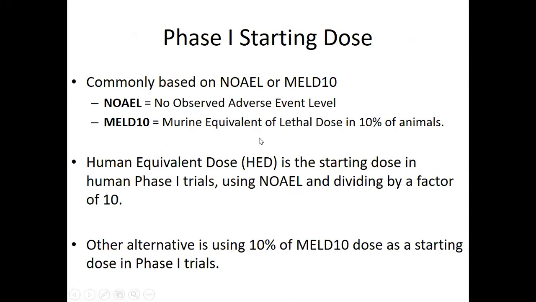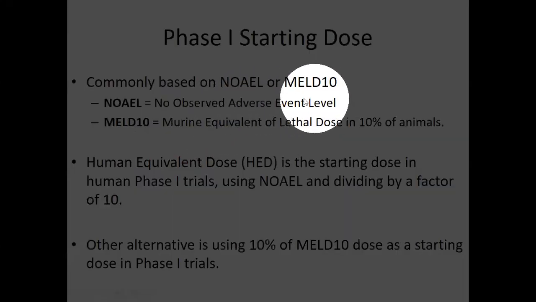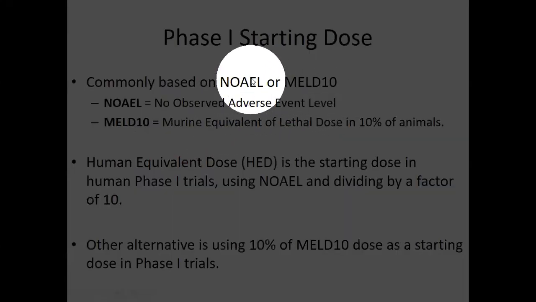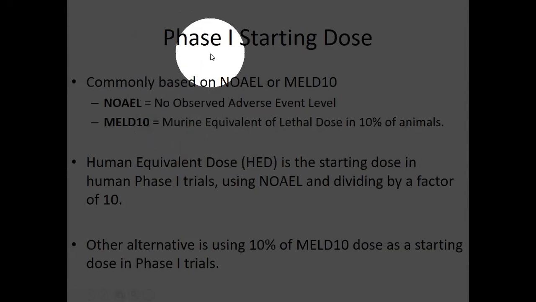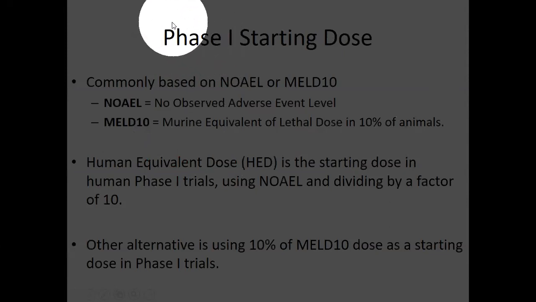So in a phase 1 trial, you take a 1/10 of MELD or a 1/10 of NOEL. NOEL is no observed toxicity. You take a 1/10 of that, really a low dose. Or you have that dose that killed 10% of animals, you take a 1/10 of that, in the human equivalent dose.